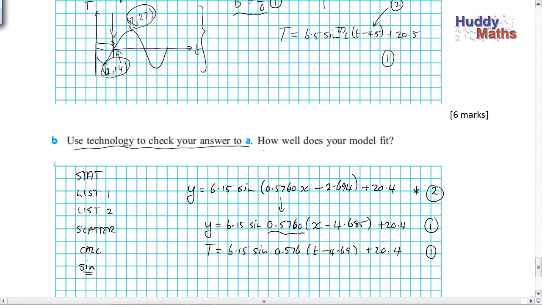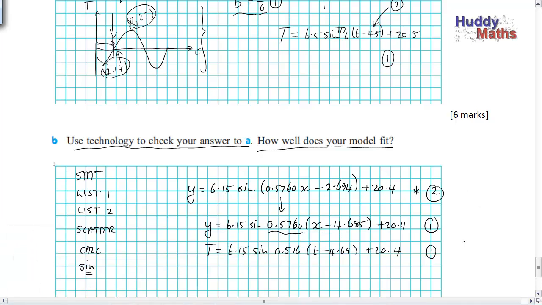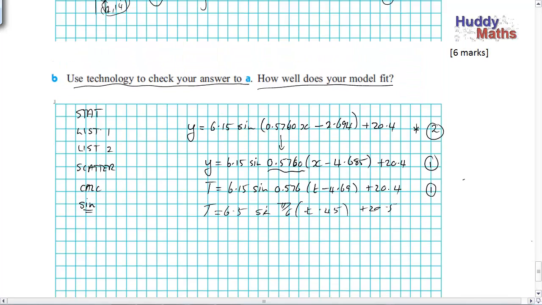Now we want, how well does your model fit? Okay, so we need to make some comparisons here between the other ones. So write the other one underneath here, 6.5 sine pi on 6, t take 4.5 plus 20.5. Okay, so if you then want to talk about this, then you need to say, well, this one is a little bit out.